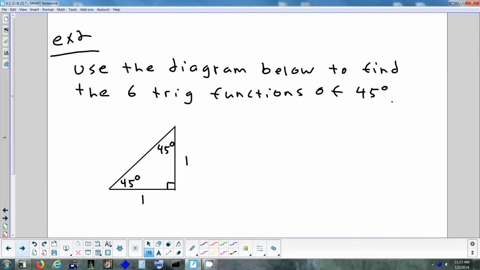Yeah, find the hypotenuse. And what would the hypotenuse be here? 2 squared? 2 squared would be 4. But no, it's not 4. I mean square root of 2. Square root of 2. Yeah.